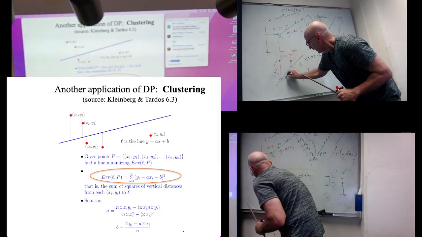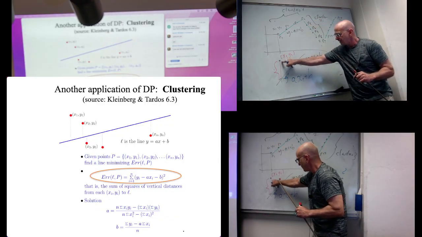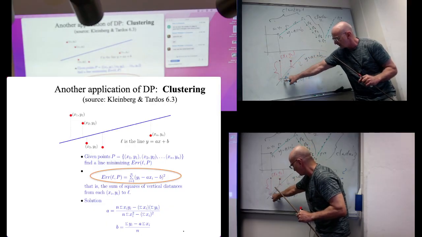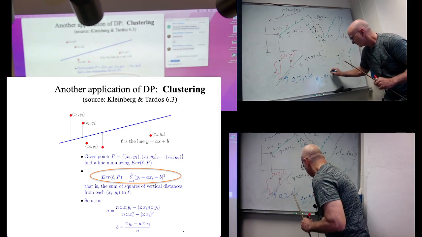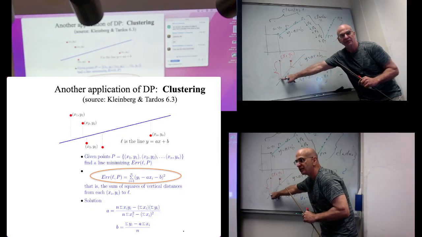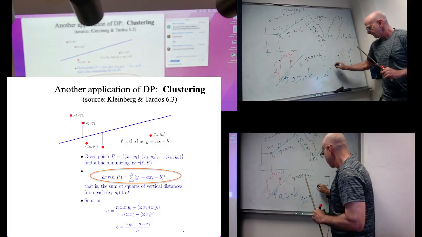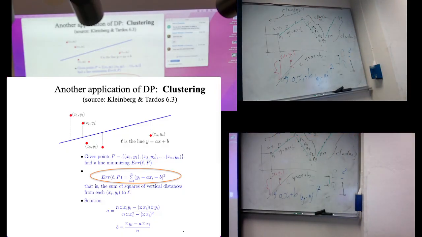This is y1 prime, this value over here. What is the distance between y1 and y1 prime? I'm looking at y1 minus y1 prime. y1 prime is a point just below my data point on the line itself. Look at this distance. Take the square of this value. This gives you the penalty. It means that far away points get much more weight. Sum up this number, and now find the line that minimizes this number.